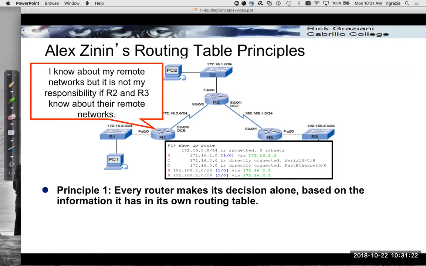So router R1 is not concerned about what router R2 and R3 may or may not know. It makes its decision in a bubble, all by itself. Now, that said, these are the kinds of things we're hoping to change with things like software-defined networking, but that's for a later discussion.